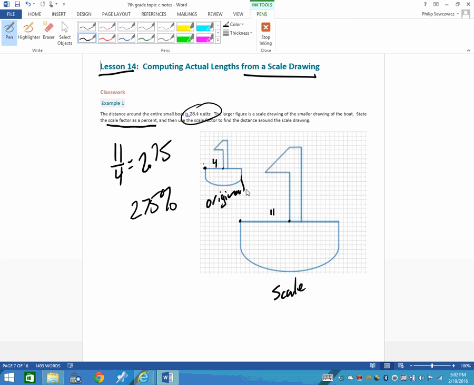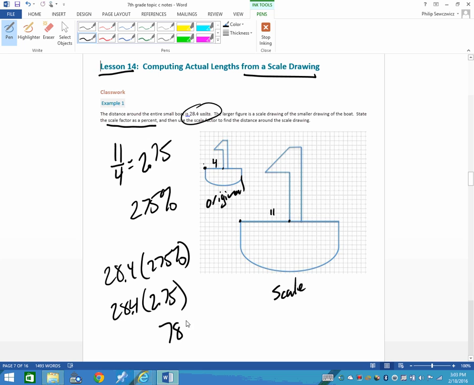So this is an enlargement, so 275% of it. If the perimeter is 28 4/10, and it's 275% of it, we can just multiply. Reach for your calculator, type in the 28 4/10 times the 11/4, which makes it kind of silly to change it into the percent because we're going right back to it anyway. 78 1/10.